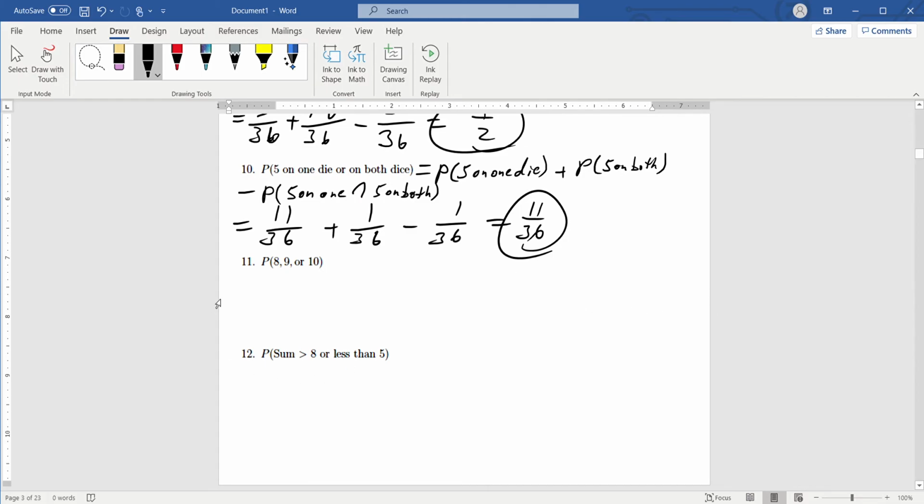Now I need the probability of an 8, a 9, or a 10. And when you see it listed like this, if you see "or" here, that means an 8 or a 9 or a 10 is what that would represent. And I'm going to give myself a little more space here.